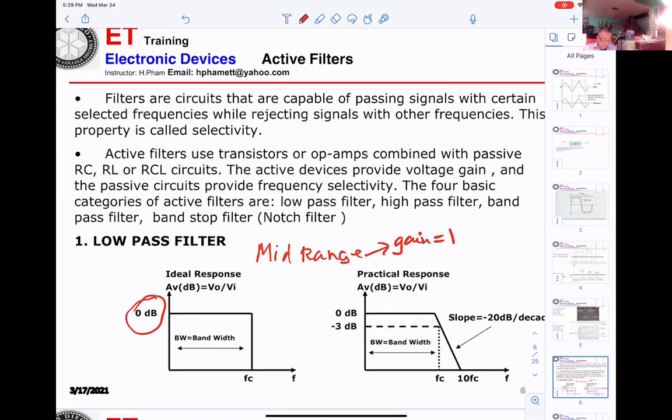This is the ideal output response, meaning at this point they don't want any more signal. So what's the bandwidth for the low pass filter with an ideal op amp?